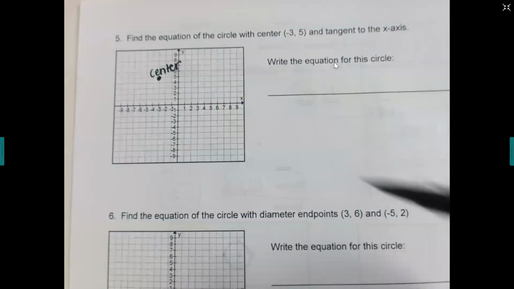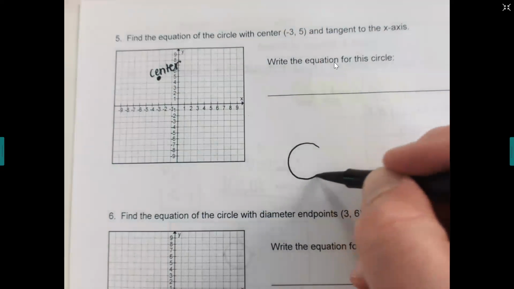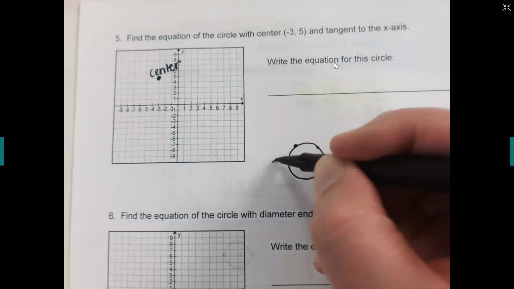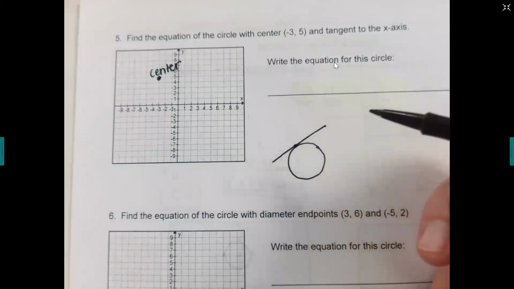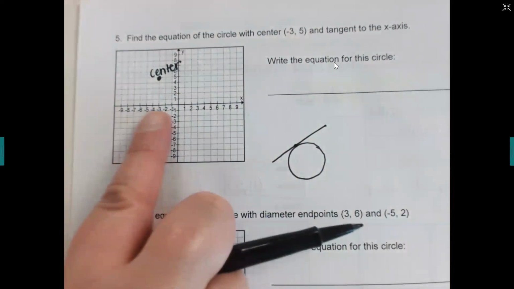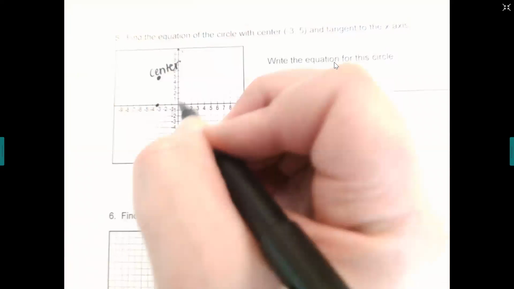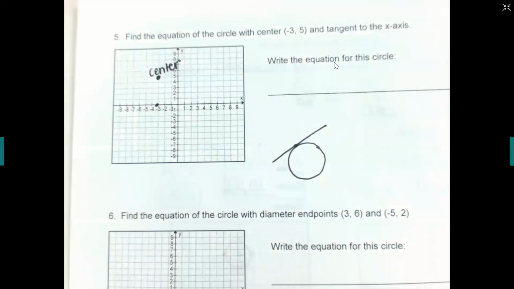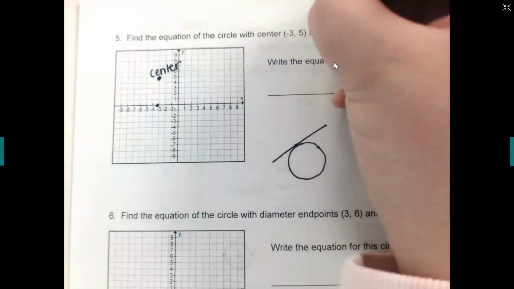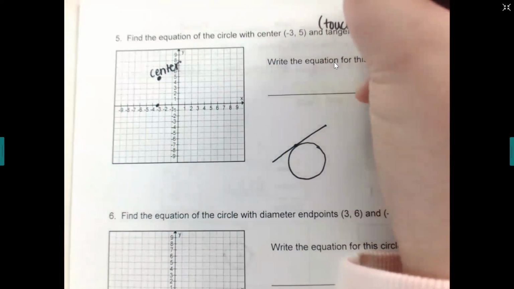Do you remember in geometry, you'd have a circle and then you'd have a tangent line that would touch it? So if I want to be tangent to this, that means my circle has to touch right here. And then there's going to be my circle. Okay, so remember that tangent basically just means touching.